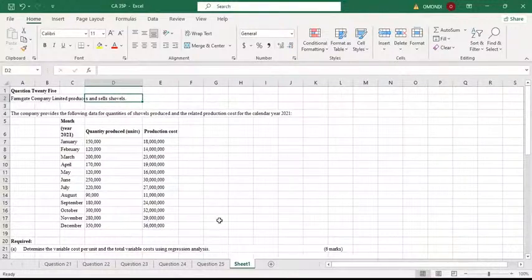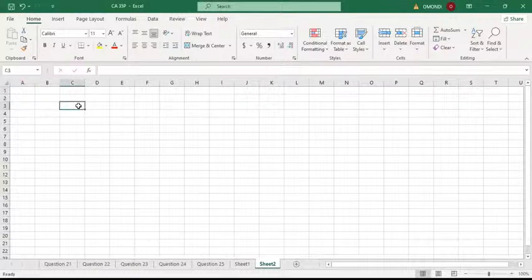So if I can take you a little bit behind, you remember you were supposed to identify the cost driver.